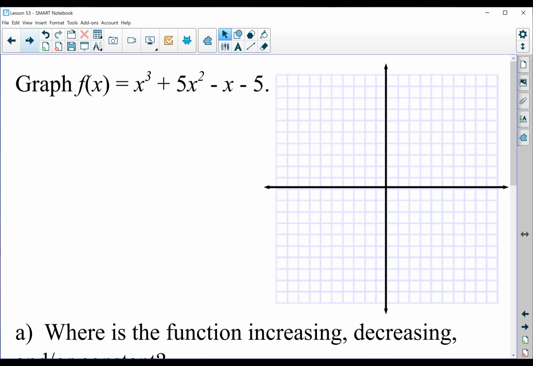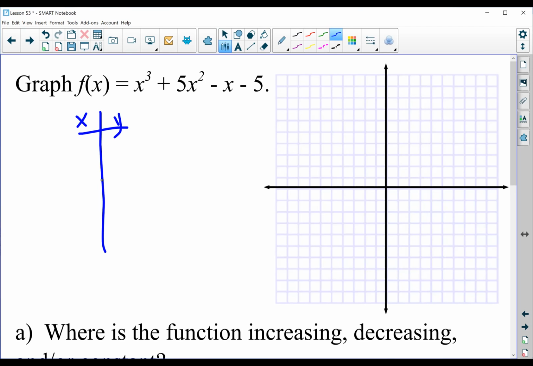So the shotgun approach is we're going to just pick some values to plug them in. I'm going to pick 0, 1, 2, 3, 4, and 5.